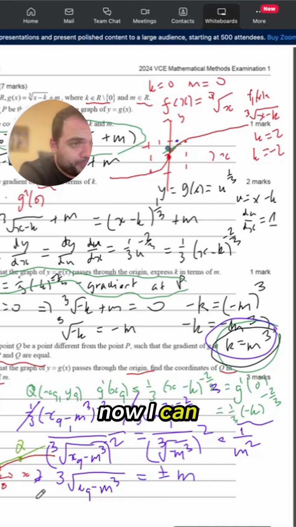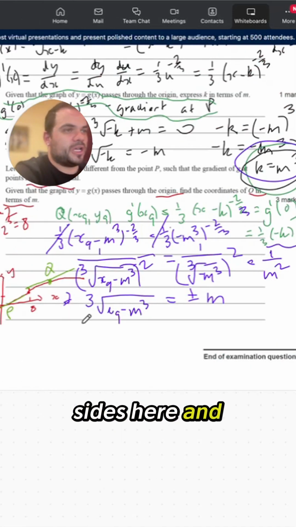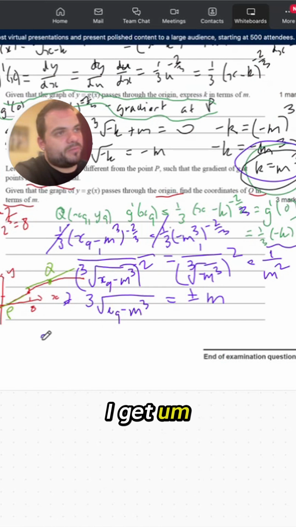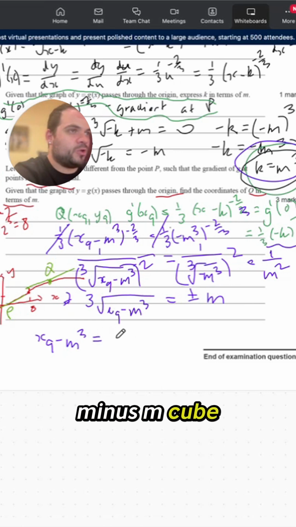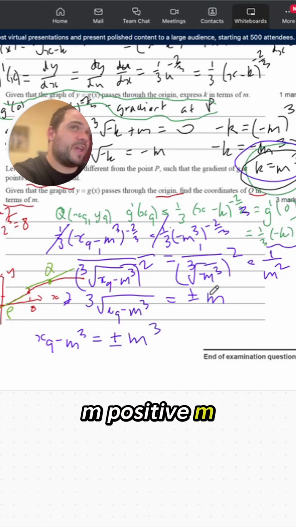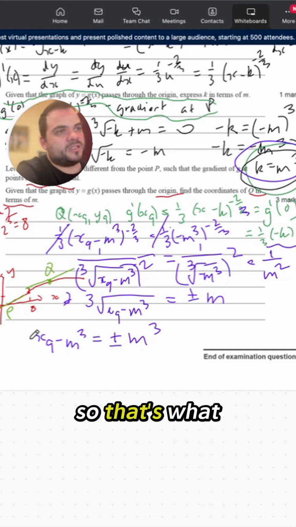Now I can cube both sides here, and I get x cubed minus m cubed is equal to plus or minus m cubed. If I cube positive m, I get m cubed. If I cube negative m, I get negative m cubed. So that's what this is equal to.